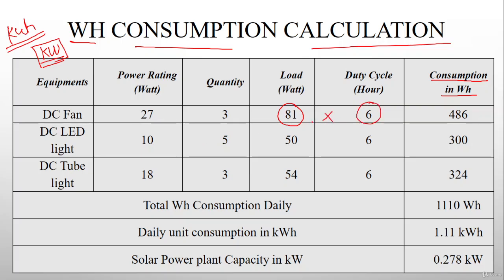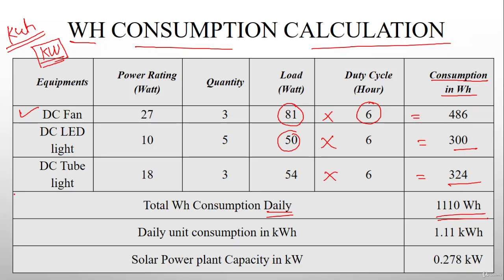So 81 multiplied by 6 gives 486. Similarly, 50 multiplied by 6 gives 300. 54 multiplied by 6 gives 324. So we have calculated the watt hour consumption for each equipment, and the total watt hour consumption on a daily basis for the consumer is 1110 watt hours.